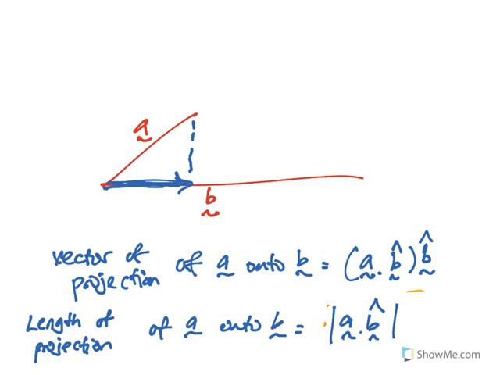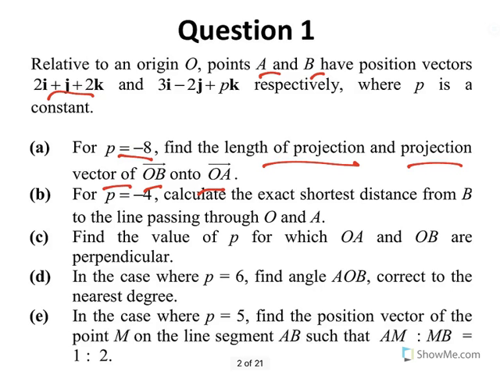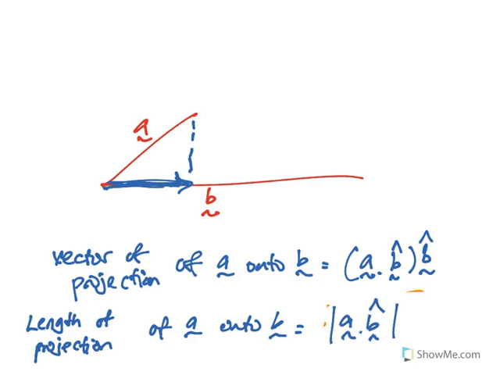So with this, we go back to p equals negative 8, length of projection of OB onto OA. This is just for part A. We are just finding OB onto OA. So the answer is just OB dot product with OA over its own magnitude.